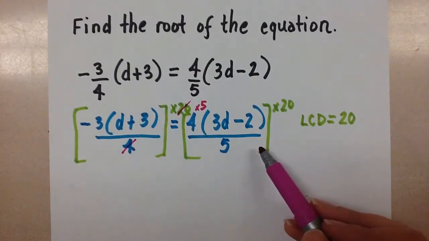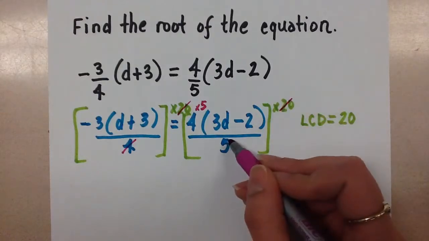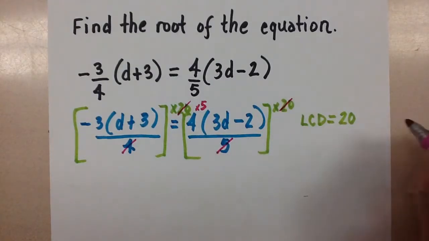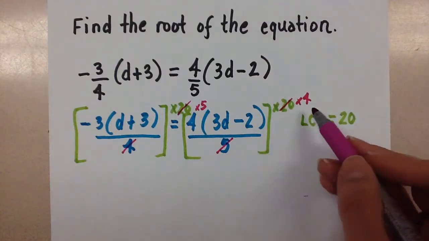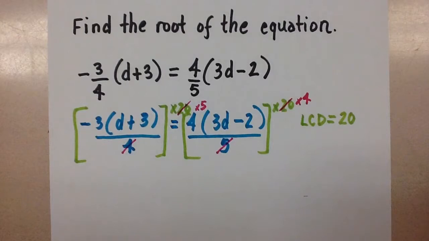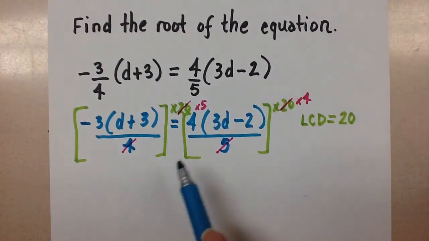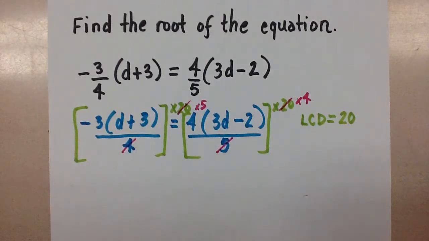And then on the right hand side, if I multiply by 20 and then divide by 5, these cancel because 20 divided by 5 is 4. So I'm really going to multiply the right hand side by 4. So that's the way we have to think about this. Notice how it kind of has a cross-multiplying effect. That's essentially what's happening here when we do this canceling.